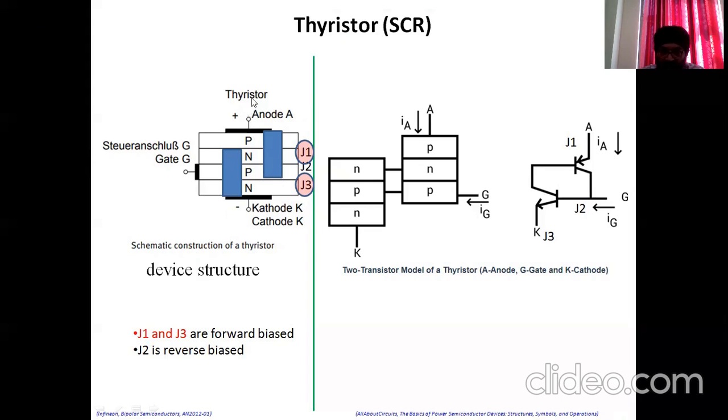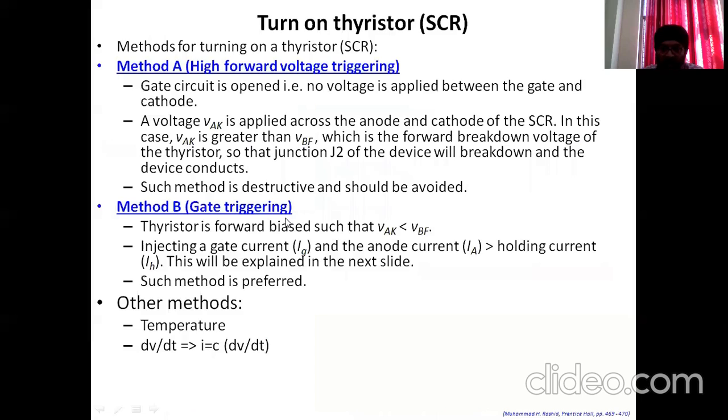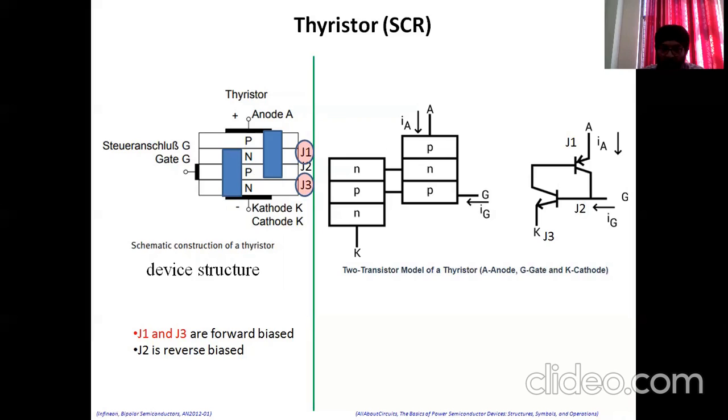As we keep on increasing the anode to cathode voltage, at some point of voltage, avalanche breakdown occurs. When the avalanche breakdown occurs, that voltage is called the forward breakdown voltage. At this forward breakdown voltage, J2 also breaks down.